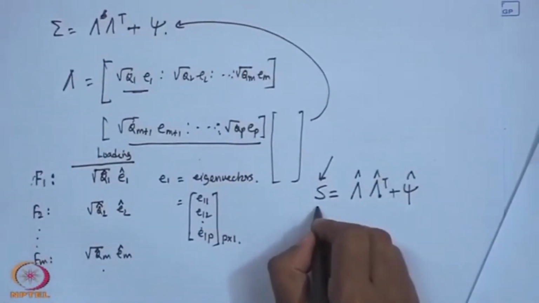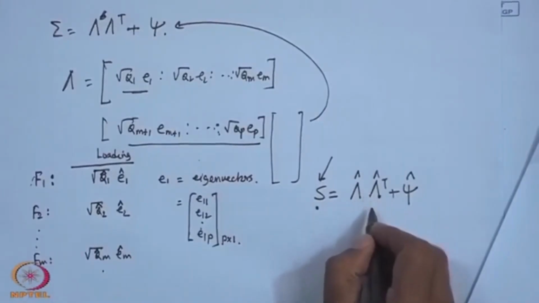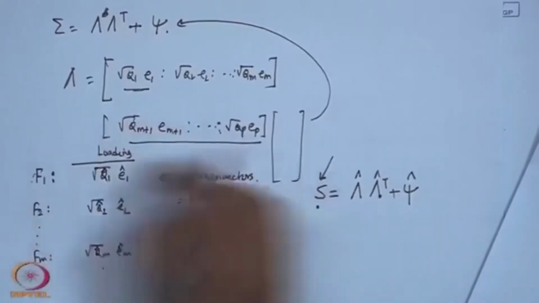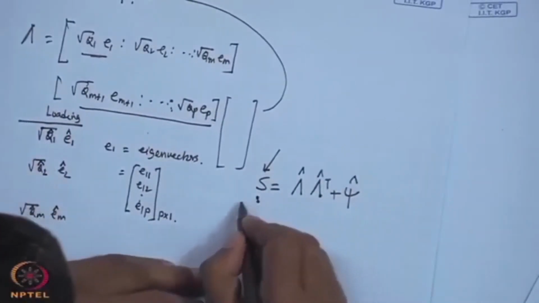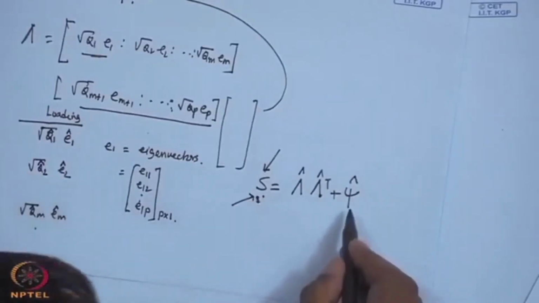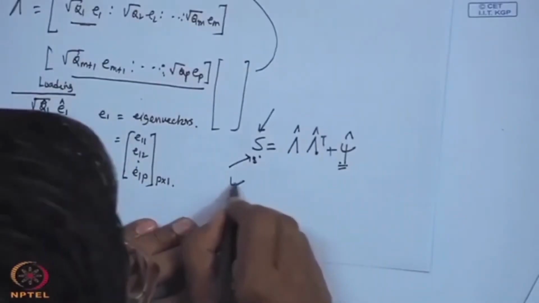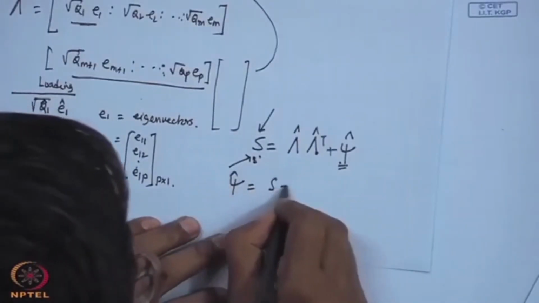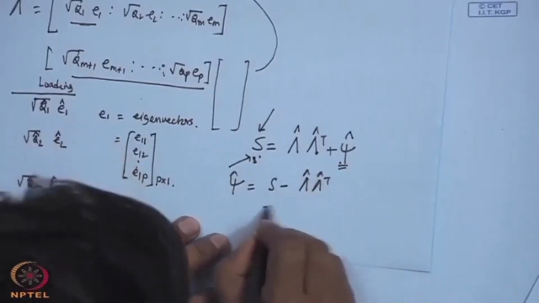Fine. So using S, you will estimate this lambda through spectral decomposition of the S matrix, and then how do we get psi? Psi you will get equal to S minus lambda cap lambda cap transpose.